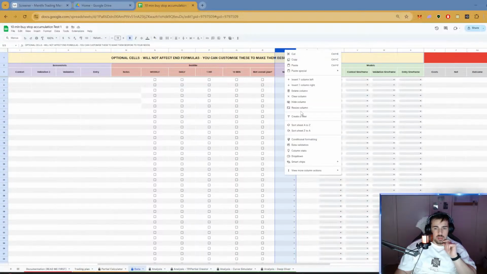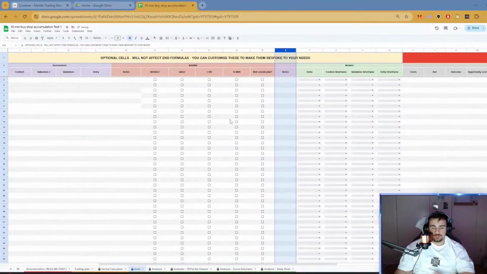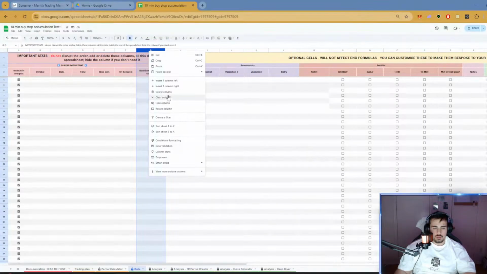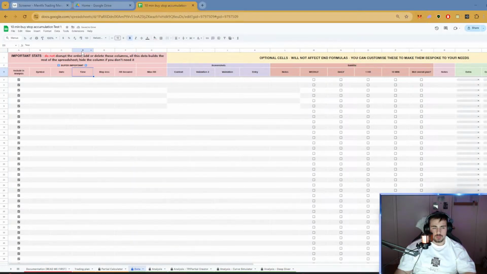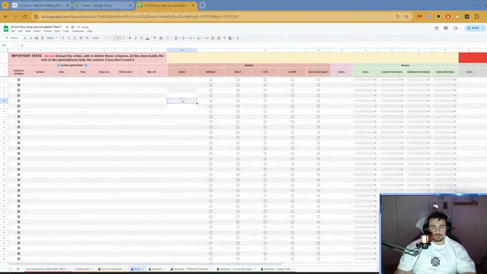I'm going to delete one of these. I probably won't use two. Duration of trades and candles, I'll delete this. Don't care about that. I'll delete this. Okay, perfect. So I have a place for screenshots.